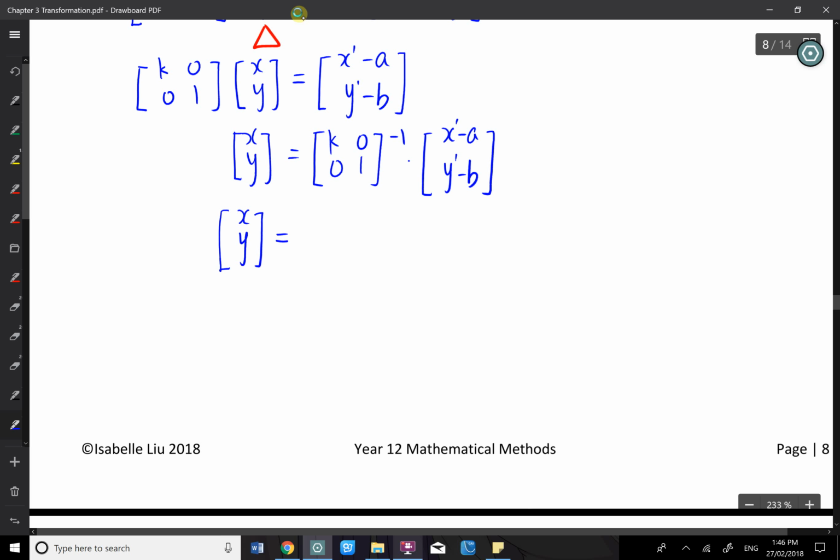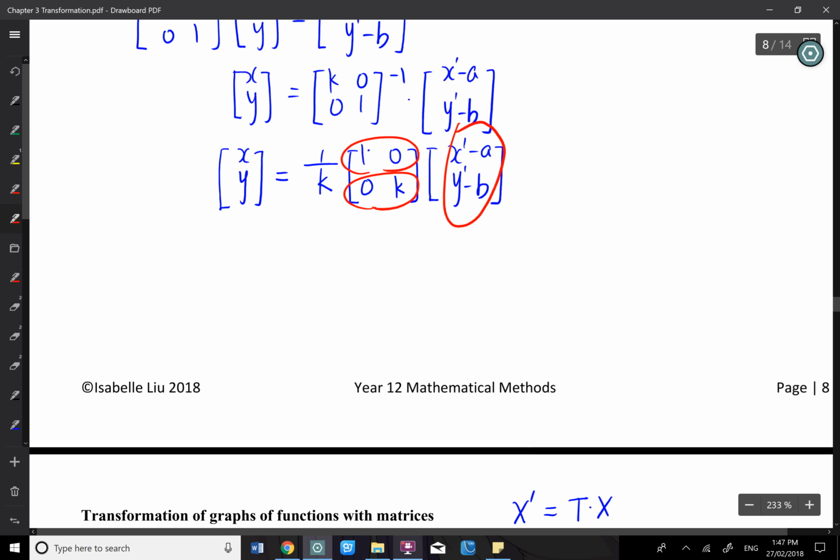So xy equals 1 over k. Swap those two and negative the other two, so that will become this. So 2 rows and 1 column here.